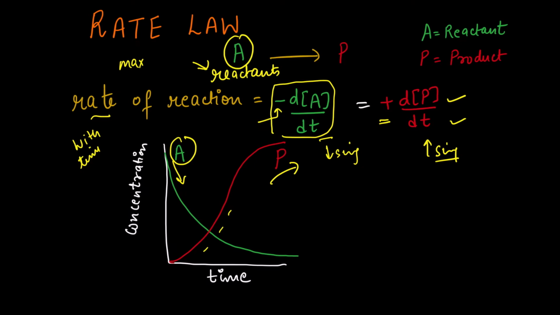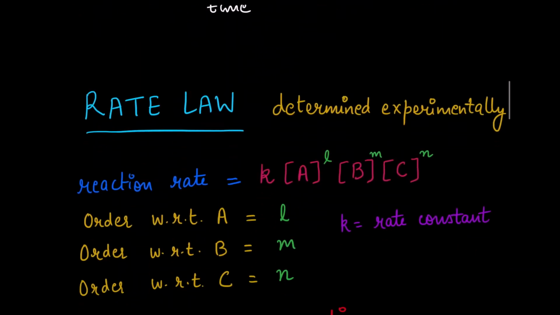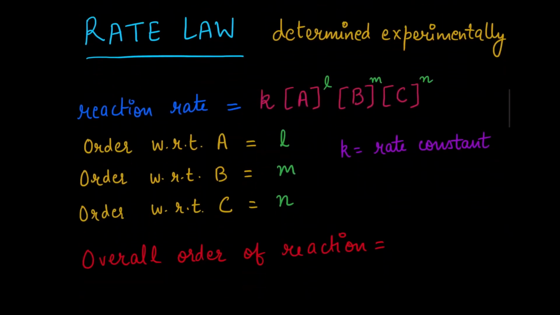One of the important points to understand in studying rate law is that it is determined experimentally. That means you will know the rate of reaction by deriving it experimentally. So for instance, you do any reaction where there are three reactants involved, A, B and C. And this is the reaction rate corresponding to that reaction.